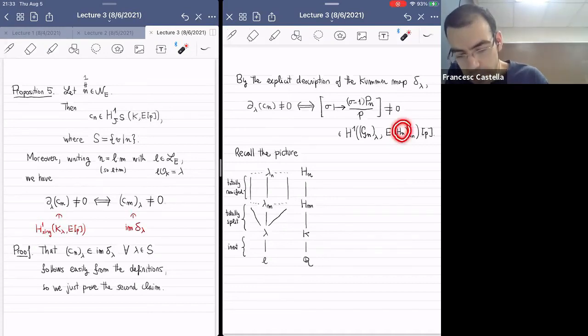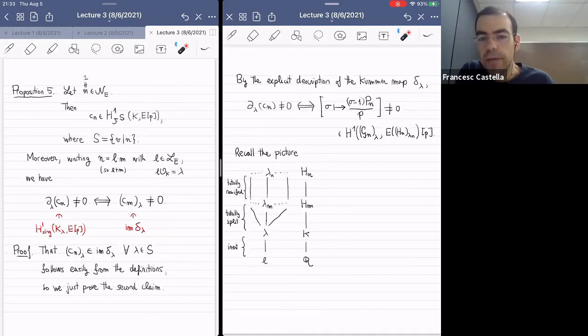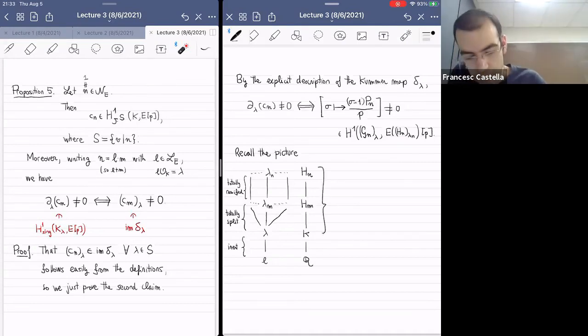Okay, so whenever you have a global number field and a prime, you can just complete to get a local field, and that's what this is. Okay, so this is the completion, and then that will be. Okay. So now I'm going to write the Galois groups. Okay, so the Galois group here is what we are denoting Gn.